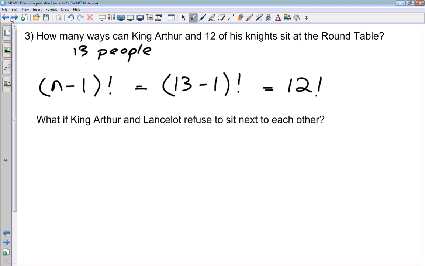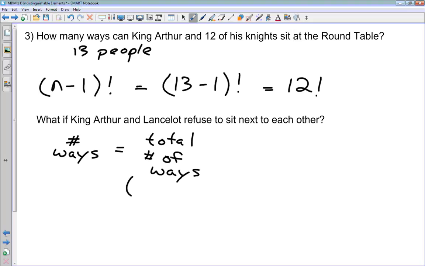But what we can do is figure out the number of ways we can arrange them: it's going to be the total number of ways we could arrange these 13 people without this restriction that Lancelot and Arthur can't sit next to each other.